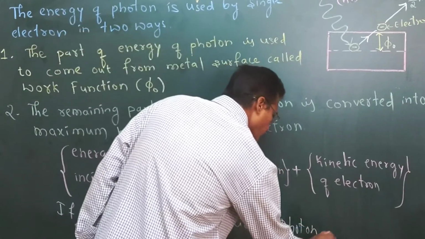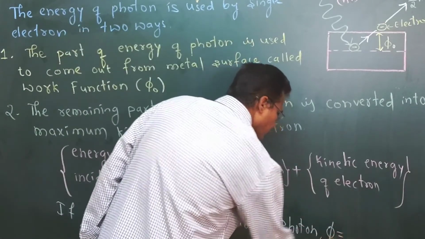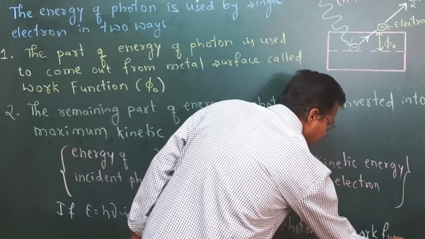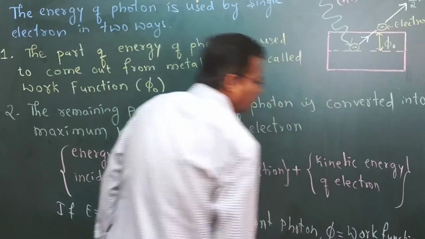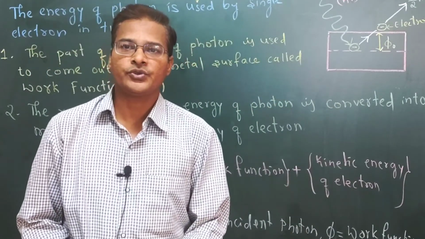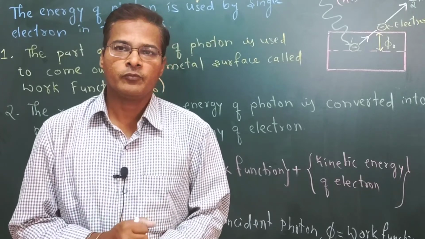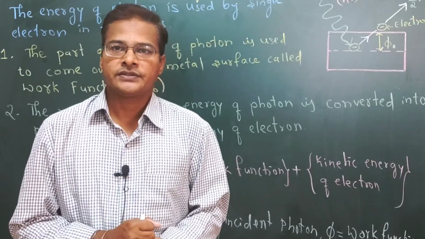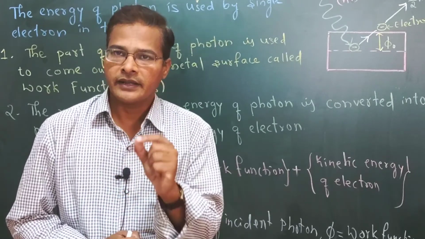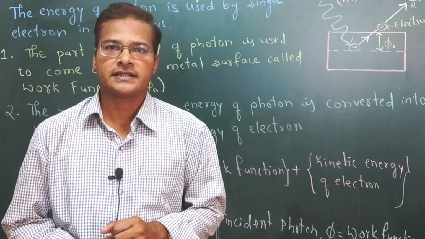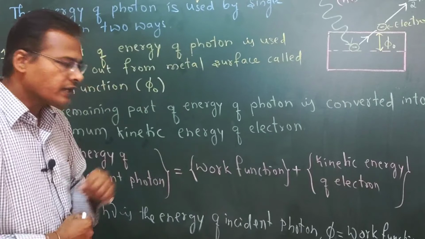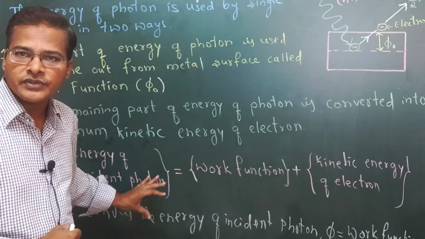Phi naught is the work function. The kinetic energy is half mv square, where m is the mass of the electron and v is the velocity of the electron. Now I am going to write this in terms of an equation.